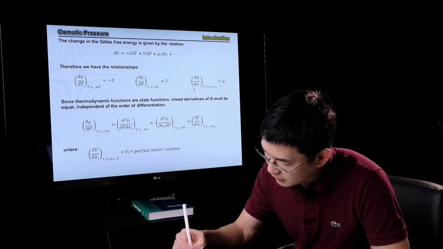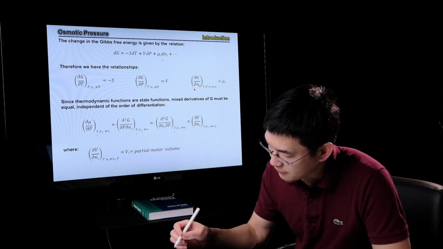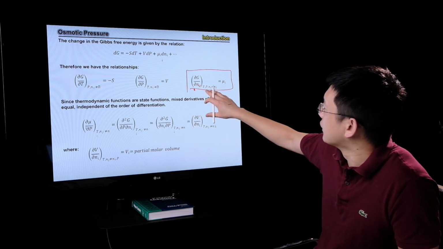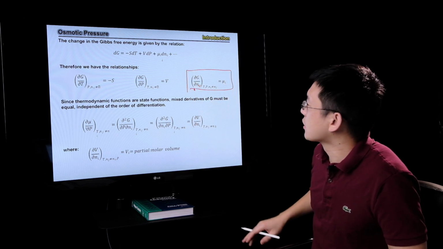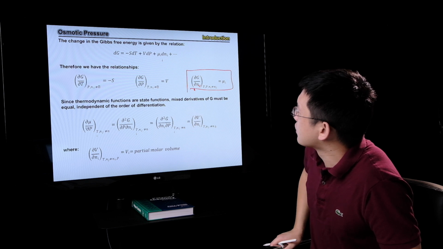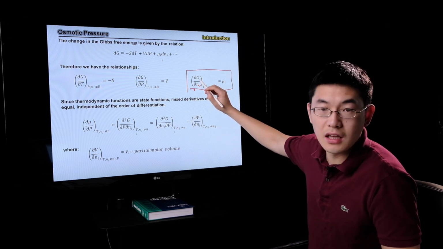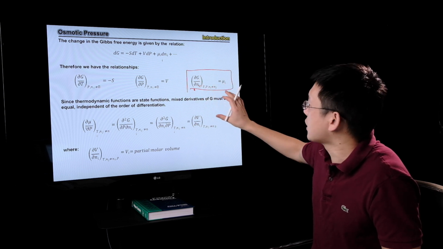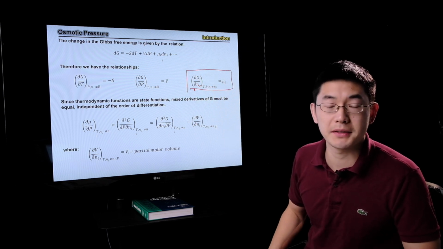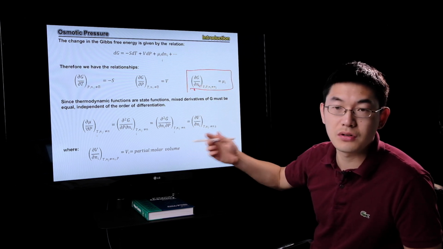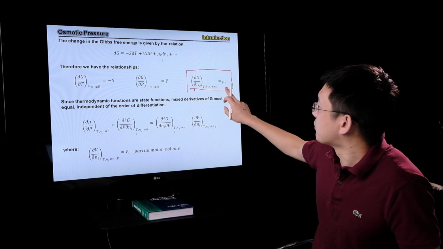There's still some formatting issue, but this particular term that I write in the box is basically the chemical potential. What this says is that delta G is the free energy. If you take a partial derivative with respect to the moles of your solvent, you get the chemical potential.